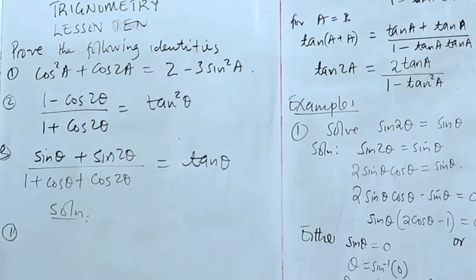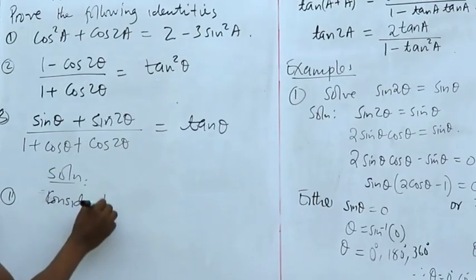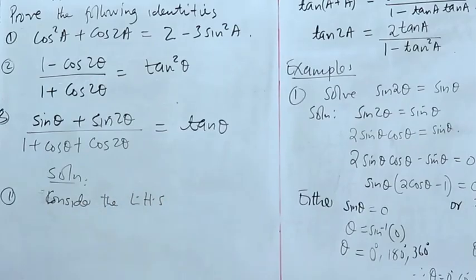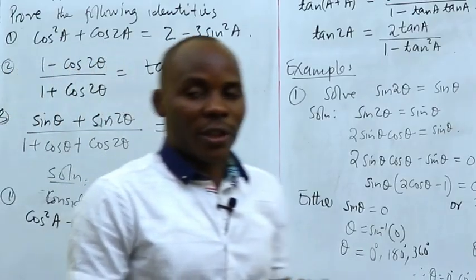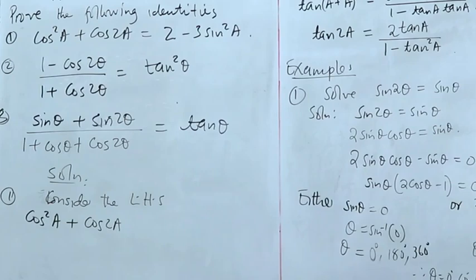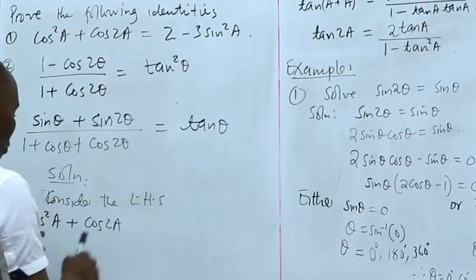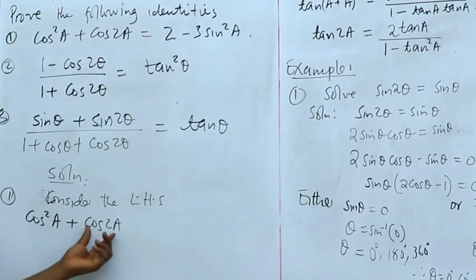Number 1, they want us to prove. If we consider the left hand side, I have cos squared A plus cos of 2A. When you are going to prove something, try to be analytical such that you don't make mistakes. What they have given you is a cos squared and a cos 2A.